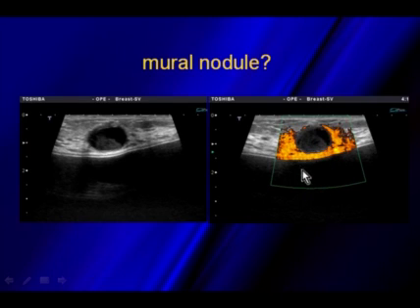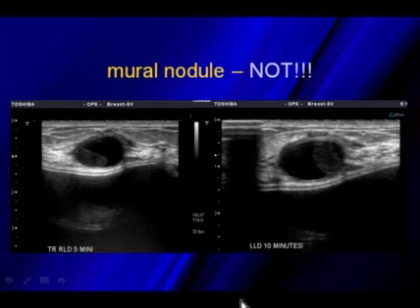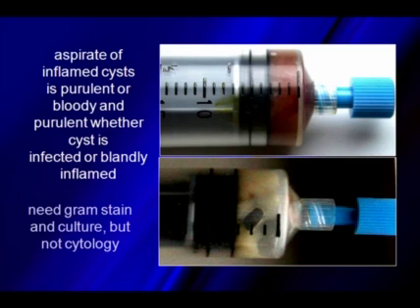If it's not attached to the wall, you can see that there is no flow when the patient does the humming, but we'll explain more about fremitus later. This is that same lesion, and you can see by rolling the patient here, you can also prove that it is not attached to the wall. But this took 10 minutes waiting for the fluid debris level to actually shift to the non-dependent portion.